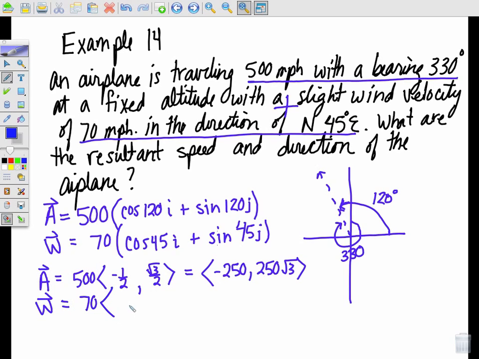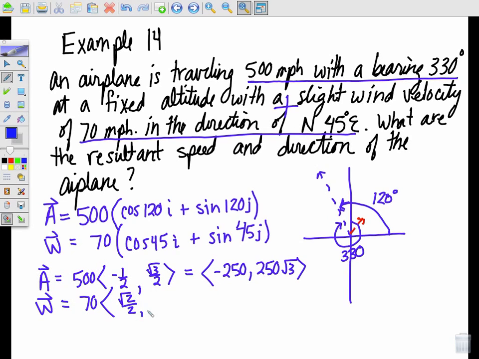Okay, my wind vector would equal 70 miles per hour times the cosine of 45 degrees. So here's the wind vector. I guess we didn't draw that in there. Here's my wind vector. With it only being 70, and 70 is about 1/7 of 500, that vector is definitely a lot smaller.